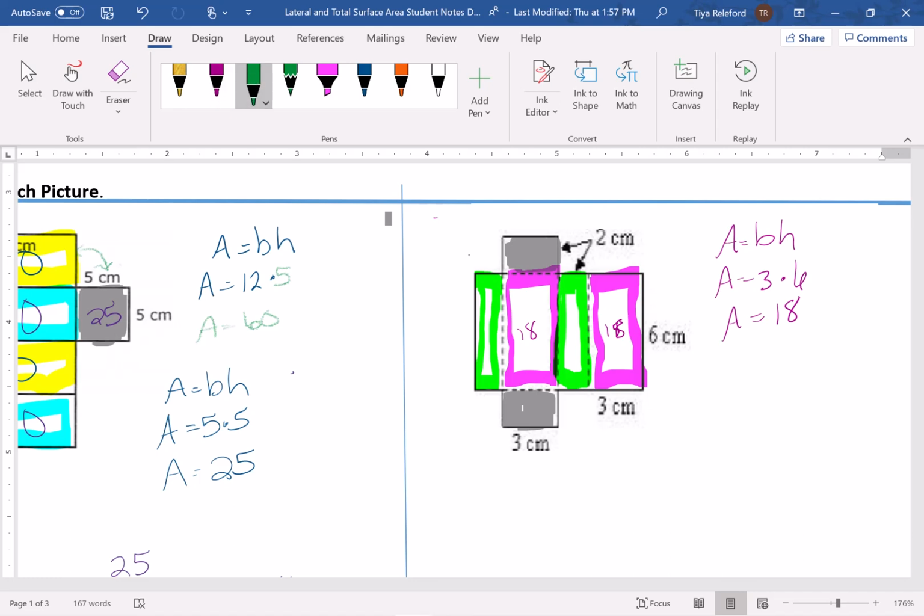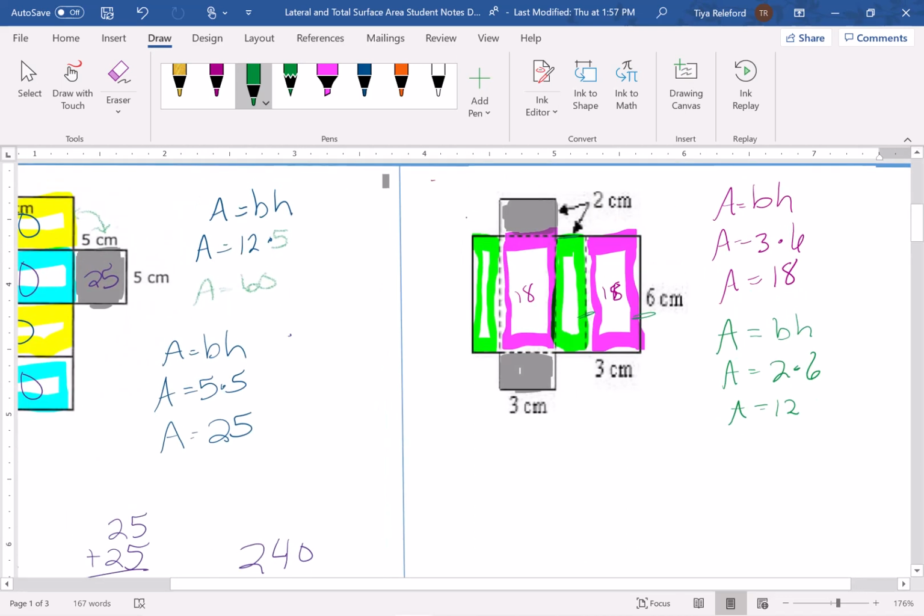Then you can do the green. It's a little trickier. This side is 2, and this side is 6 because this side is 6. So I need to write that in there, 12.